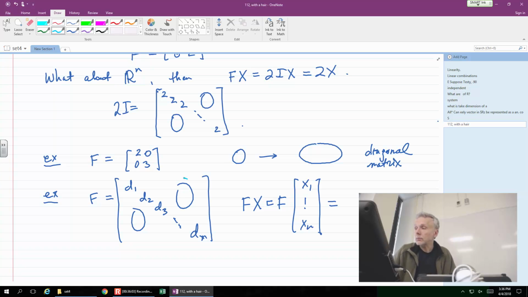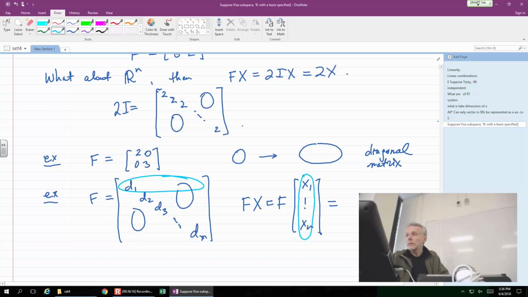Each row is multiplied by the same column. Each row will have all zeros except for one entry. So it will be d1x1, d2x2, ..., dnxn.